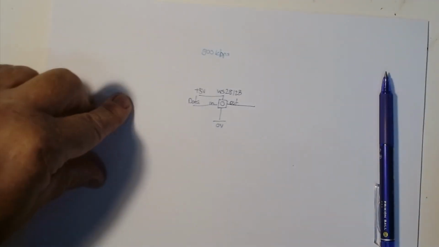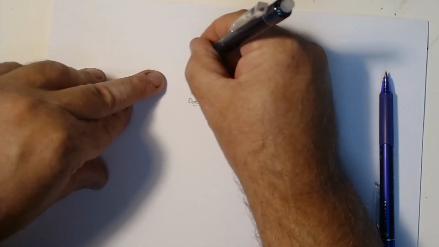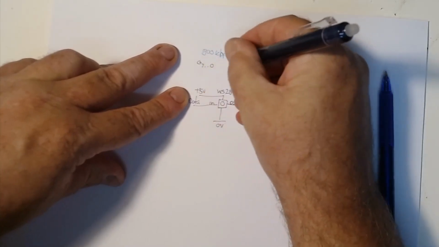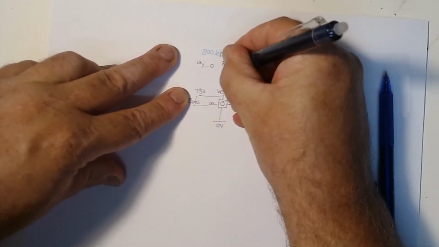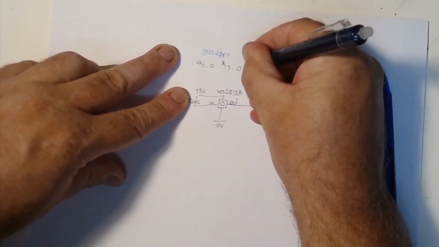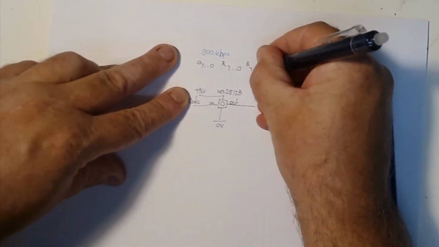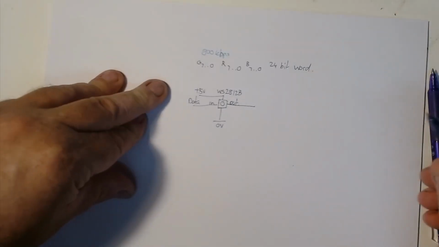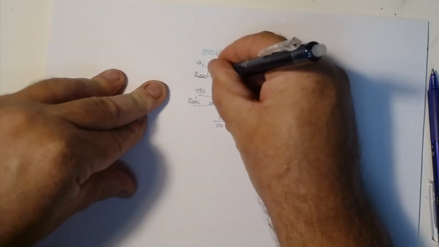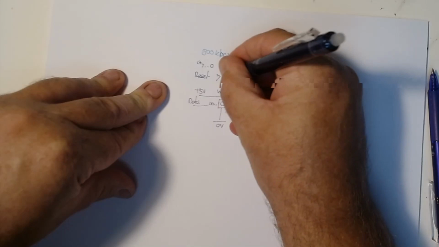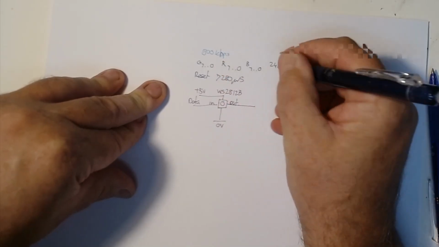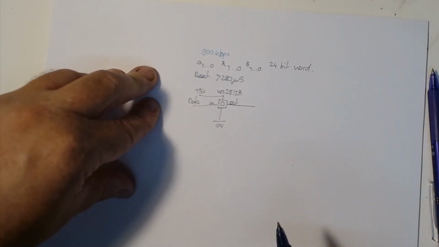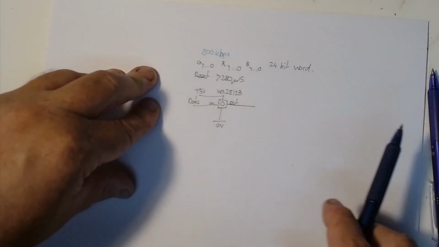So I'm just going to make a note that we need green from 7 down to 0, followed by red 7 down to 0, followed by blue 7 down to 0, and that's our 24-bit word. And our reset signal will be greater than 280 microseconds, and that will basically say that we've got to the last LED in the array and we want to come back and start working on the first LED again.